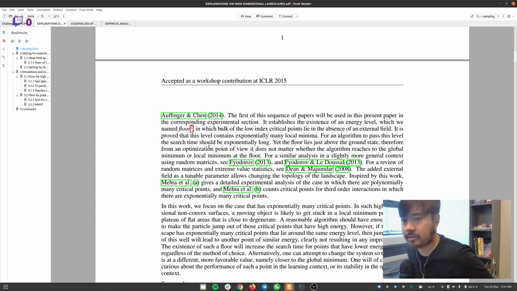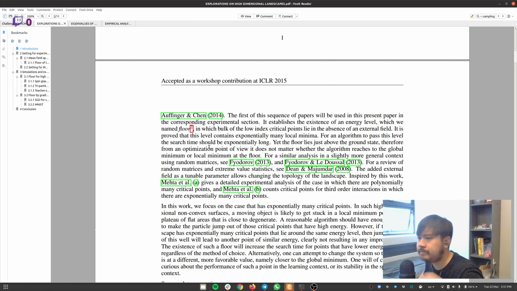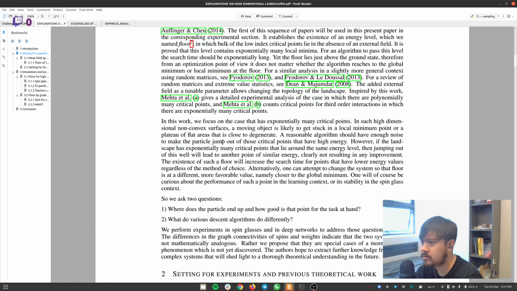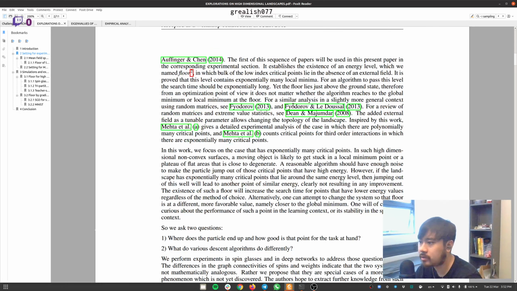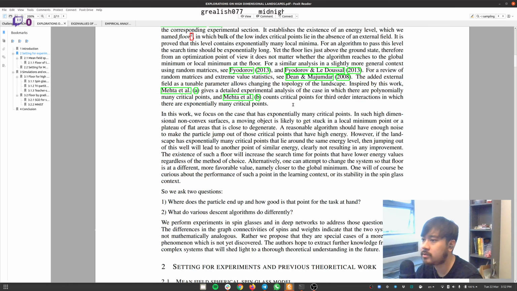Wait, hold on. I don't really know what this part means. Let's move on first. This is just high dimensional, right? Okay, this one may not be as relevant as I imagined, but okay.